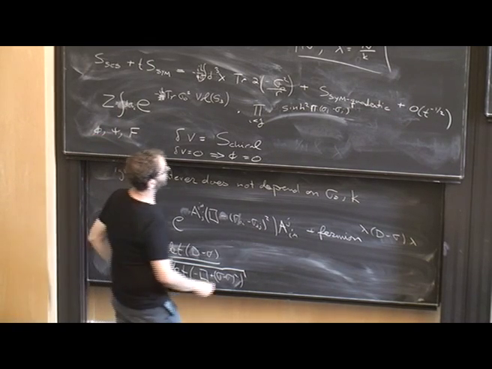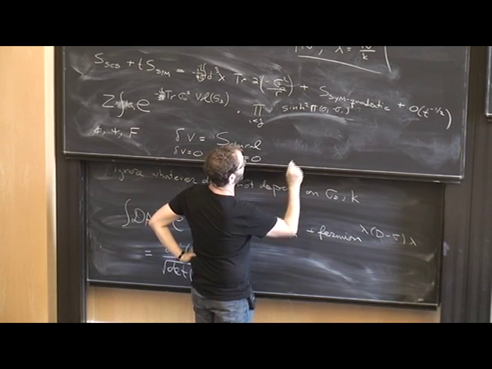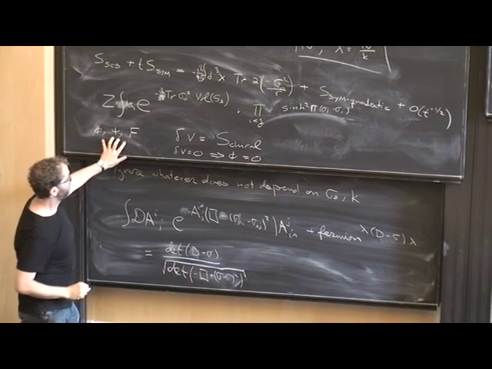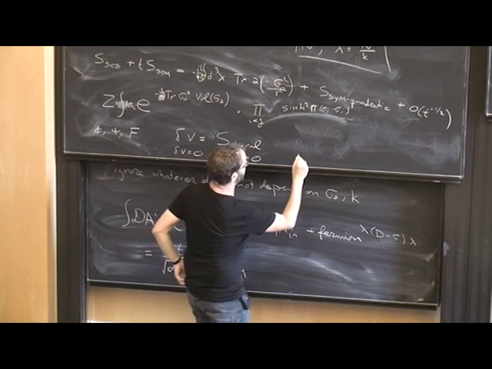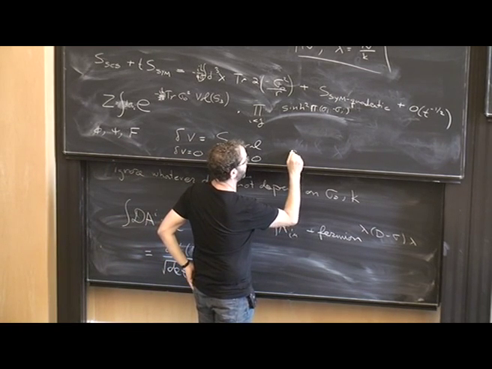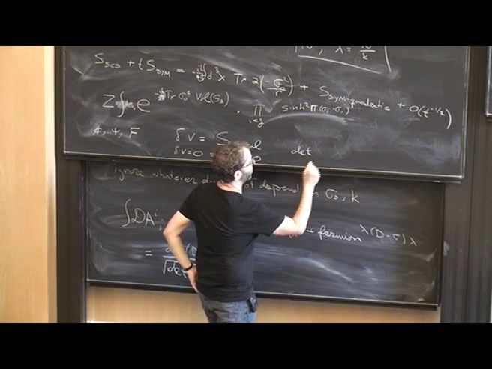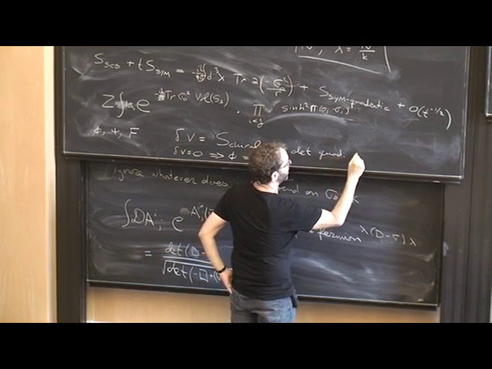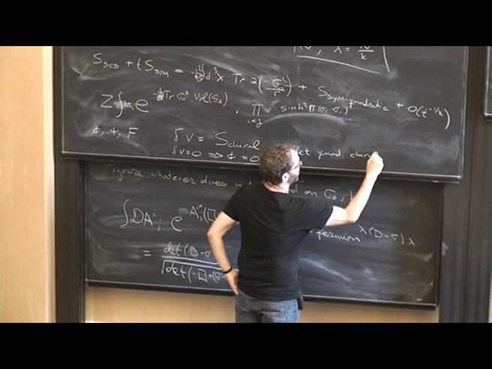So all you need to do for the full path integral over these modes is to calculate the determinant for the quadratic chiral action.